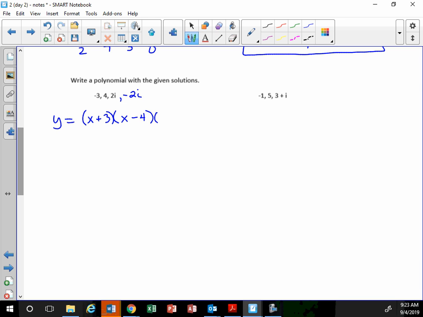Okay, then I have a positive 2i, so what am I going to write? Well, okay, eventually, but like writing them out separately, what's the first factor going to be? Good, x minus 2i. And then what's my last factor going to be? X plus 2i, good.